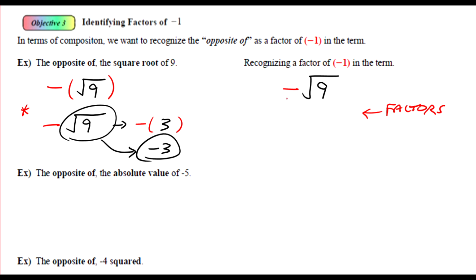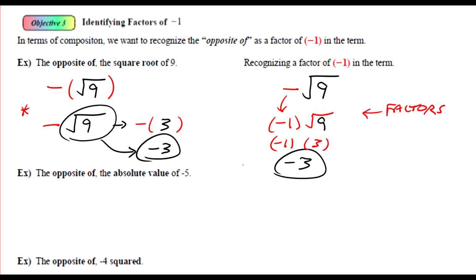So the negative sign outside is going to represent a factor of -1. So instead of taking the opposite of, we're just going to apply a factor of -1. The square root of 9 is another factor. Now, when we evaluate this, we find the factor values and then multiply. So the factors are -1, the square root of 9 is 3, and -1 times 3 is -3.